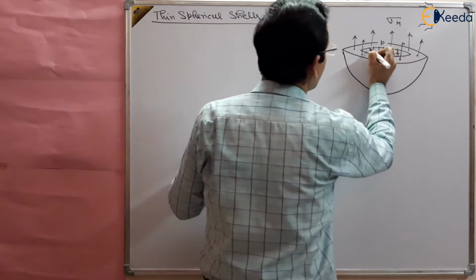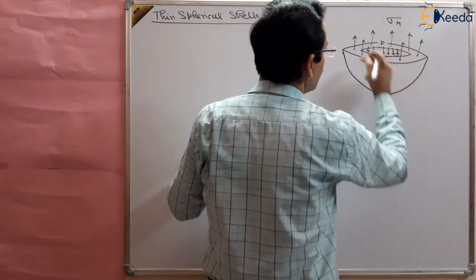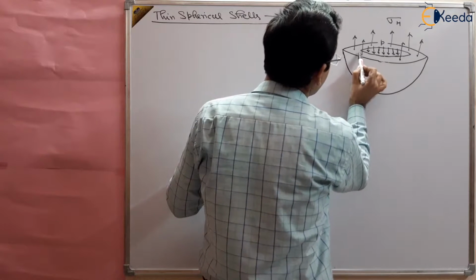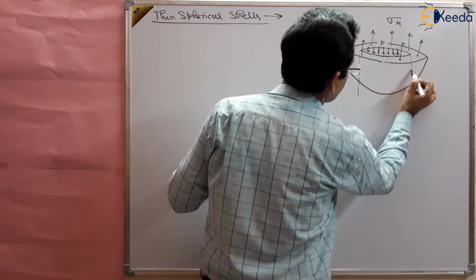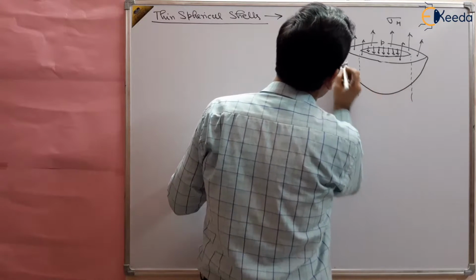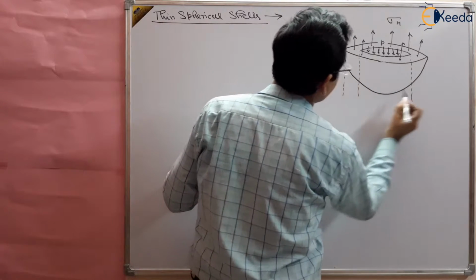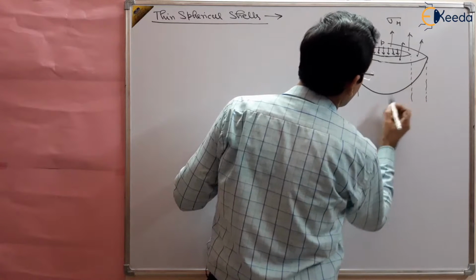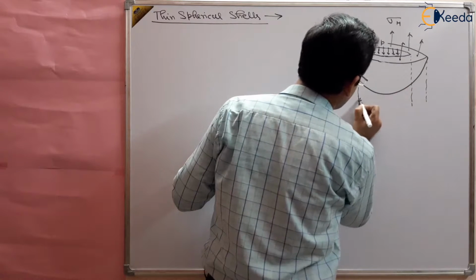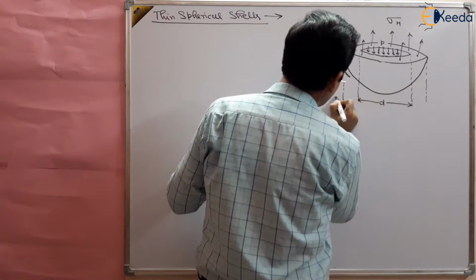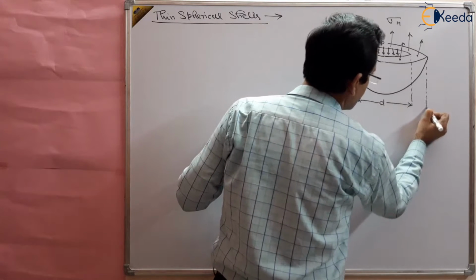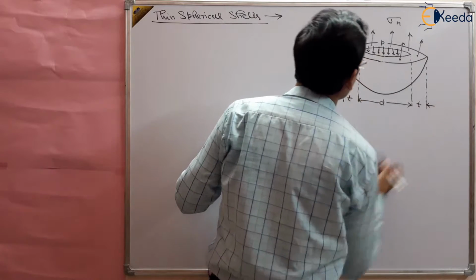This pressure is applied on the internal diameter, which is given to us as D, and this is the thickness of the material, T.